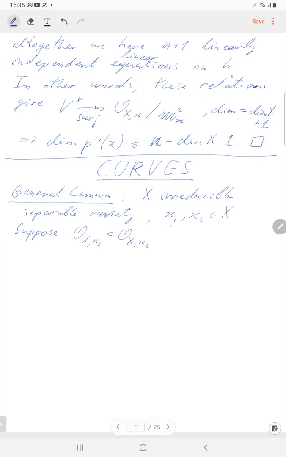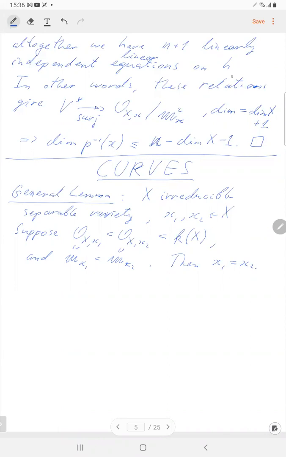Well, anyway, all the local rings live in the field of fractions. Okay, it's a strange assumption, but suppose it happens. And not only this, but also the maximal ideals are embedded. Okay, but if such a strange thing happens, then definitely the points coincide. Okay, and this lemma will be a basis of our construction of curves.